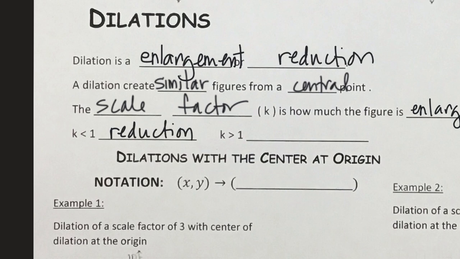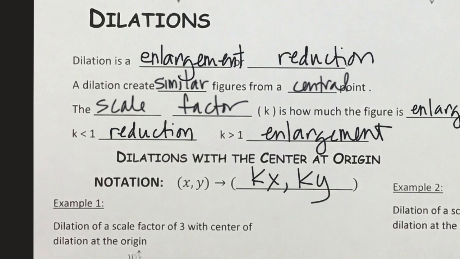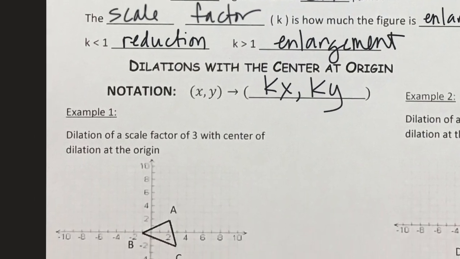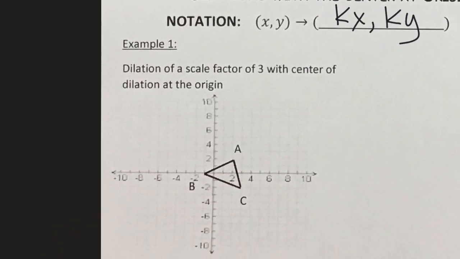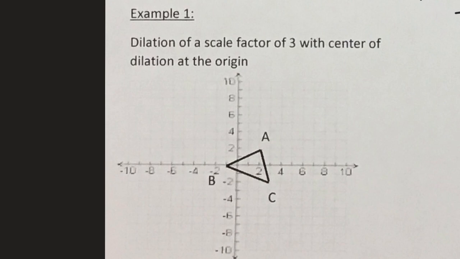If k is greater than 1, it is an enlargement; your figure is getting larger. The notation is kx and ky. You are multiplying each point by your scale factor. So here we have a scale factor of 3, and your notation is going to be 3x and 3y.